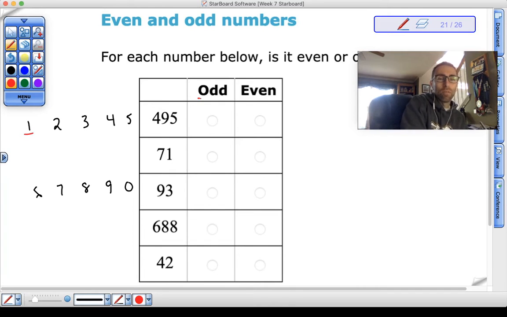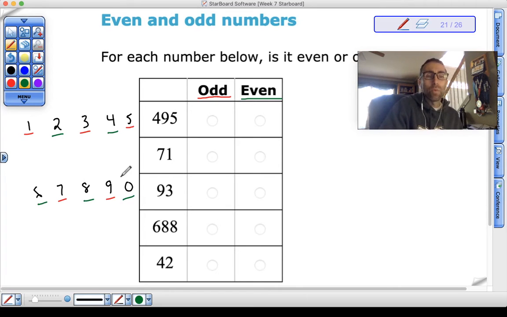I'm going to put a little underline over here. Now, all of our even numbers are going to be 2, 4, 6, 8, and numbers that end in 0.